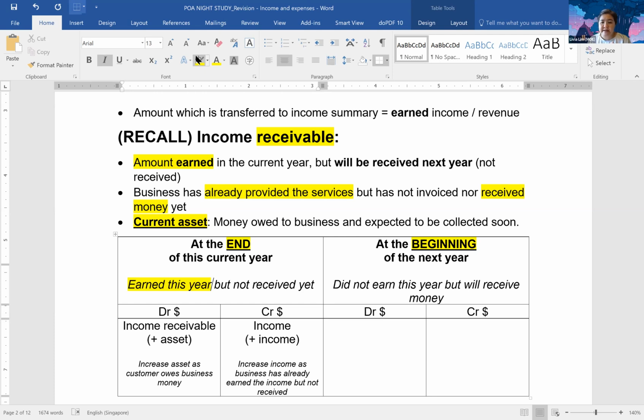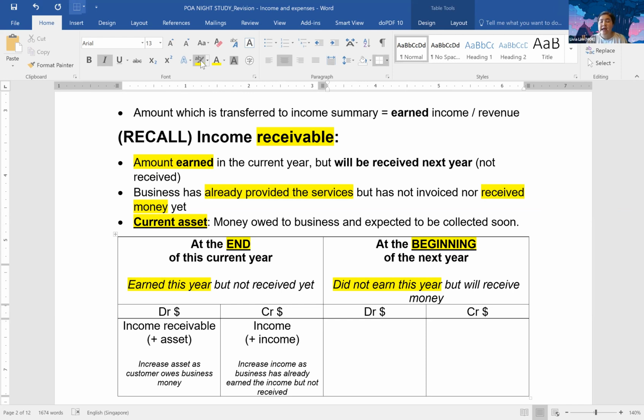At the beginning of next year, it will also be a problem because I did not earn the money that year, but I'm going to receive money. Can you see that it's a timing difference? There's a difference in the timing between you earning the income and receiving the money. So this causes a problem for the business.